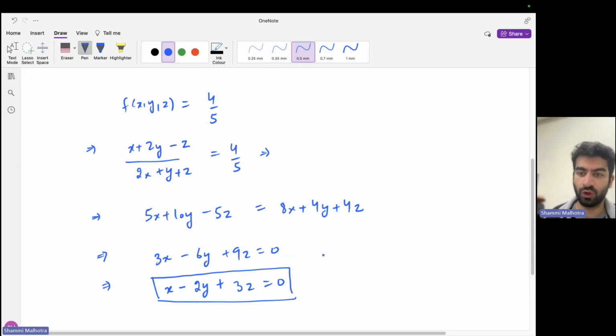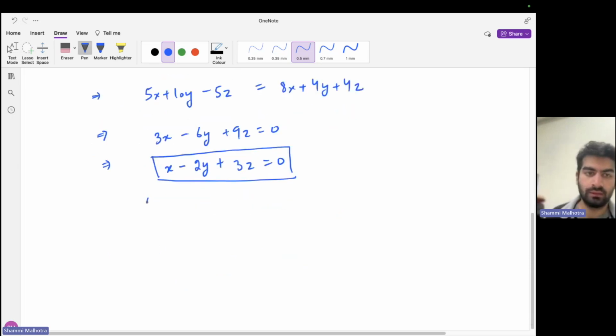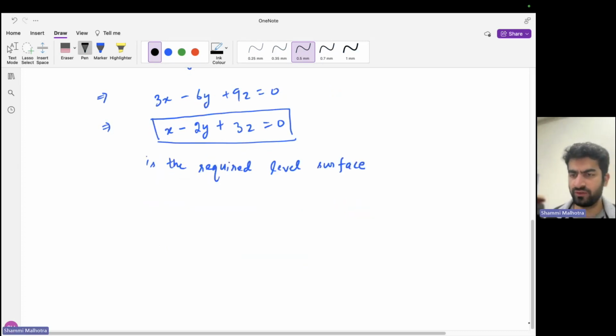We get a hyperplane in higher dimensions, and that is the required level surface. So that's how you calculate the level surface, and it's not that difficult. You just have to plug in the values.